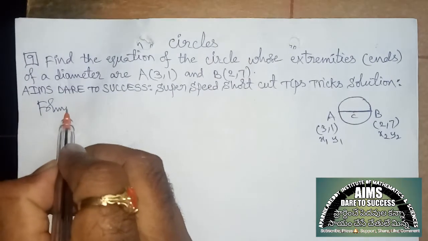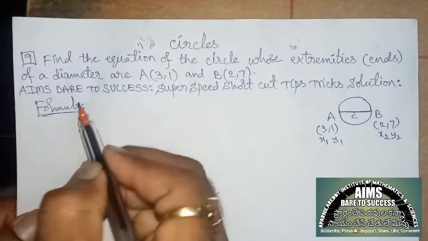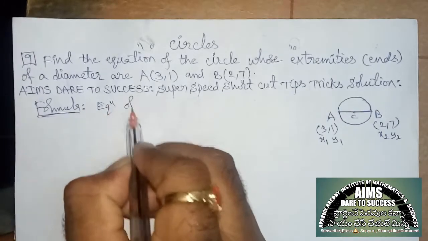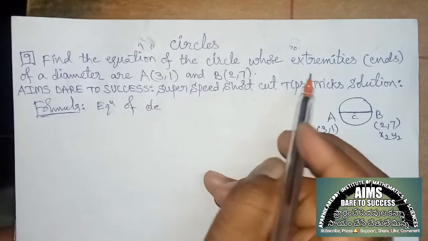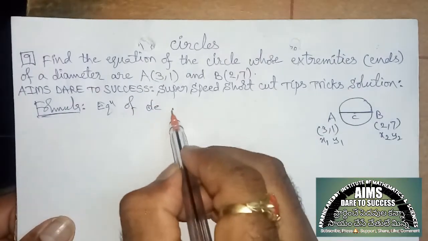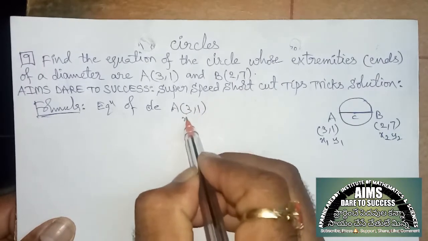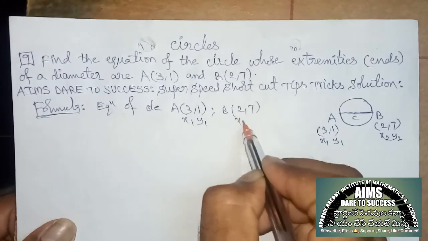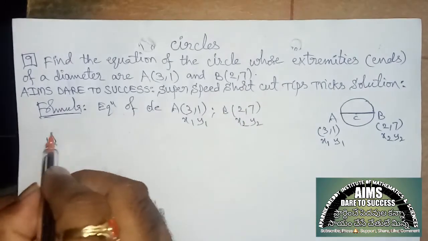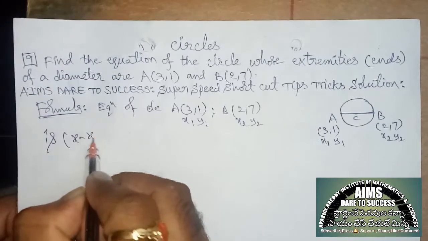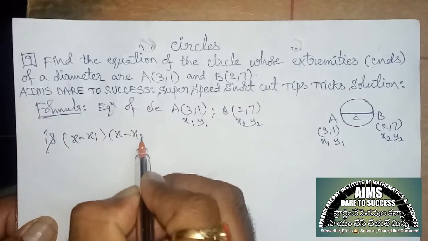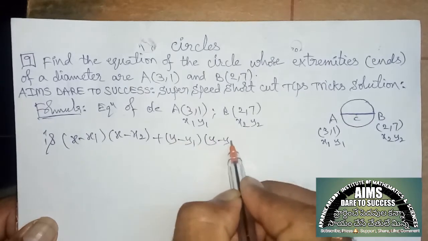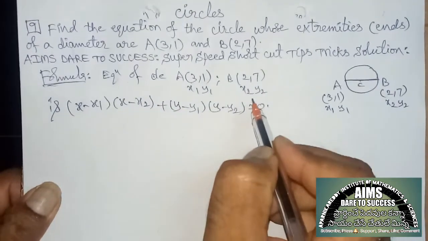Now I am writing the simple and small super formula: equation of the circle whose ends of the diameter are A (3, 1) is x1, y1, and B (2, 7) is x2, y2, is (x minus x1) into (x minus x2) plus (y minus y1) into (y minus y2) is equal to 0.